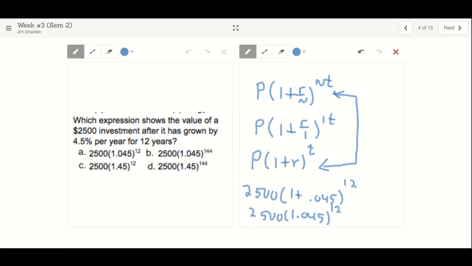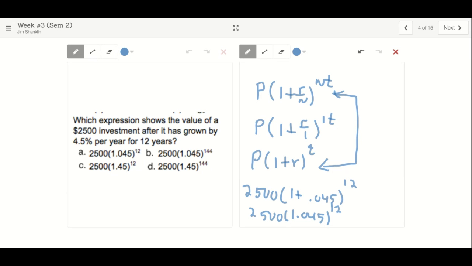Okay, so if it's just compounded once a year, then we can use that simpler formula, P times 1 plus R to the T power. Okay, so be very careful on that one. But if it says continuous, we have to use the PERT formula. I love the PERT formula. All right, so my answer should be what, letter A for this one?